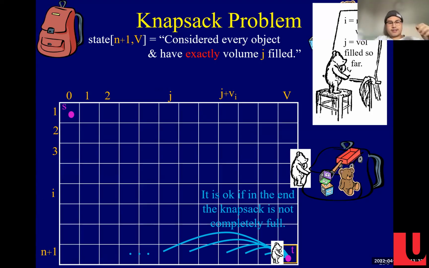There's two ways of thinking about this. One is a bottom-up fashion: we've already filled up a knapsack of this size, and we're moving forward, adding more space to it, and trying to solve a bigger problem.